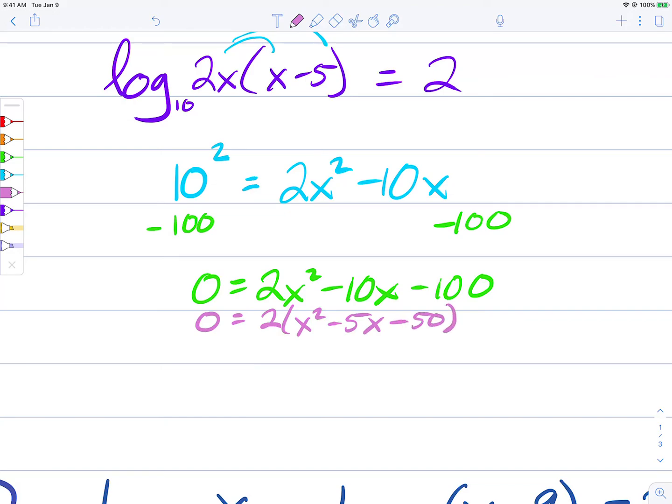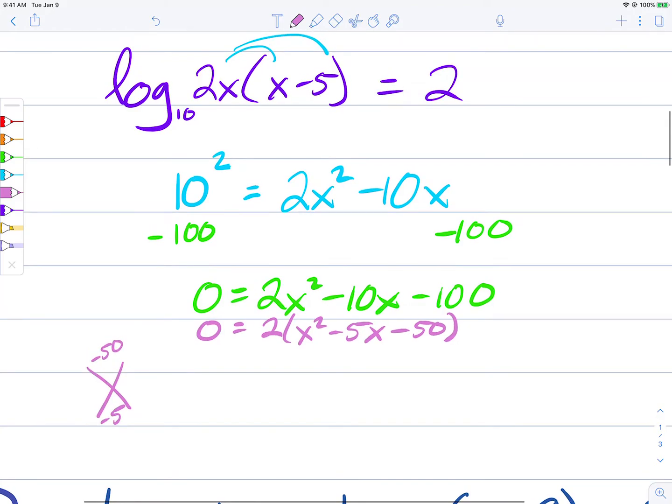So now I have to ask myself, what two numbers multiply to negative 50 while adding to negative 5? Because this is a diamond problem. The coefficient of x squared is just a 1 now. And the two numbers that multiply to negative 50 and add to negative 5 would be negative 10 and 5.